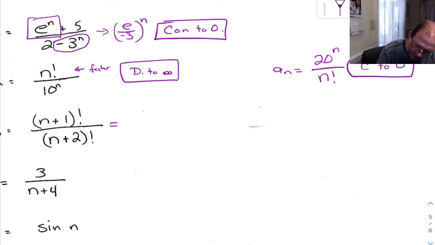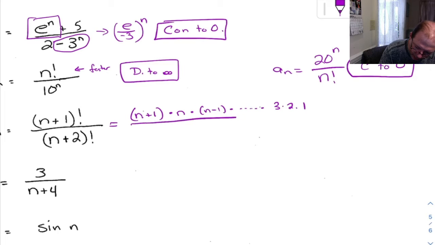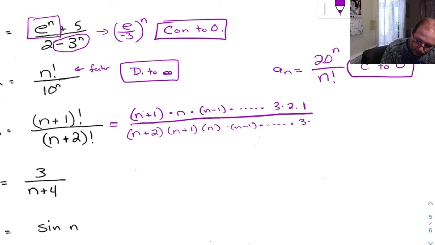So let's take this over here and factor these out. n plus 1 factorial, you've got n plus 1 times n times n minus 1 and so on, over down here you've got n plus 2 times n plus 1 times n times n minus 1 and so on.